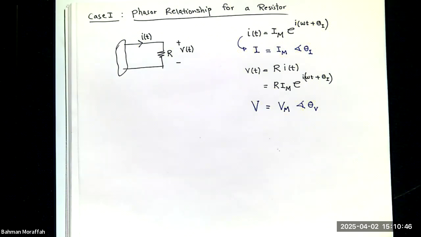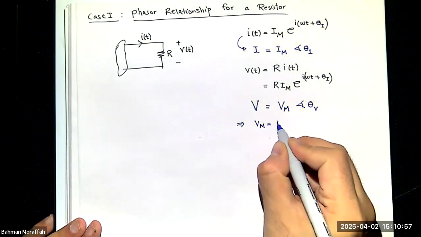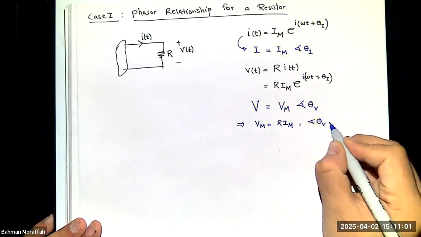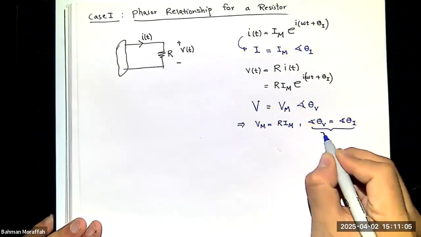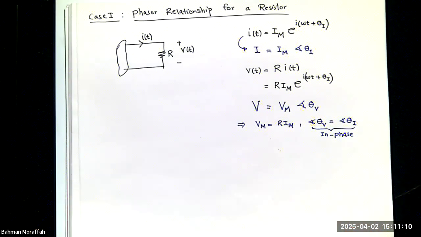It's R times Im. What is the phase of V? That's just θI. So they're actually the same. So this tells me Vm is R times Im, and the phase of V is exactly the same as the phase of I. Should we call them in phase, in sync? Exactly the same, all those names.